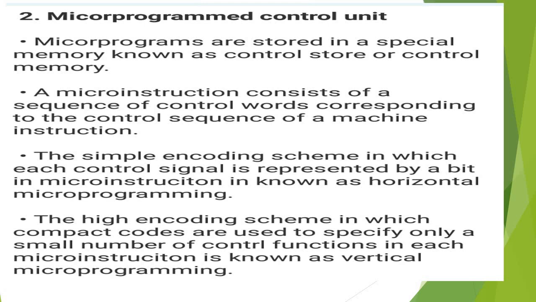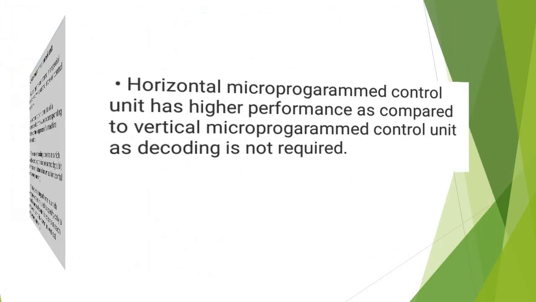The simple encoding scheme in which each control signal is represented by a bit in the microinstruction is known as horizontal microprogramming. The highly encoded scheme in which compact codes are used to specify only a small number of control functions in each microinstruction is known as vertical microprogramming.